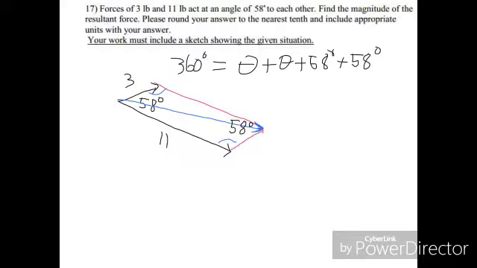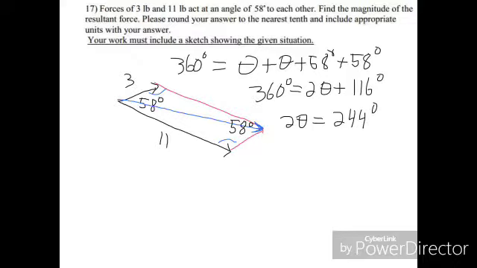The four angles of a parallelogram add up to 360. So 360 equals 2 theta plus 116 degrees. So 2 theta equals, subtract that, 244, giving us theta equals 122 degrees.